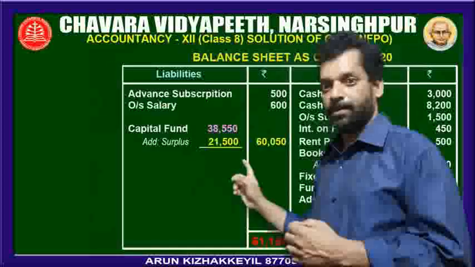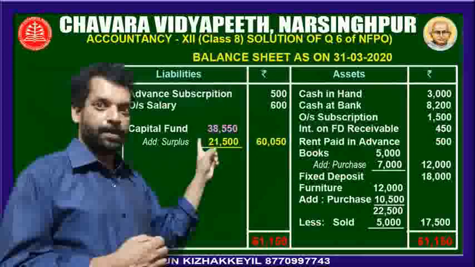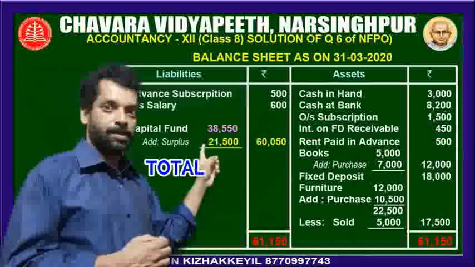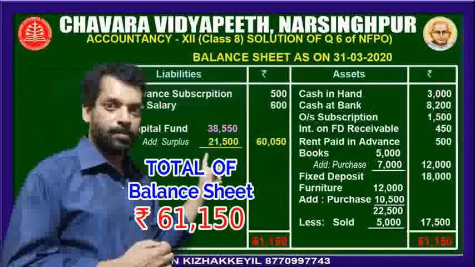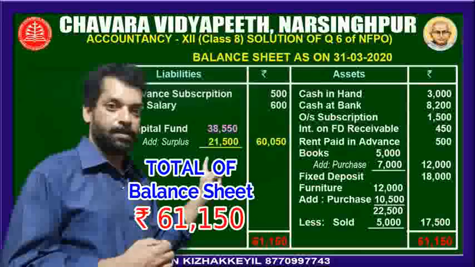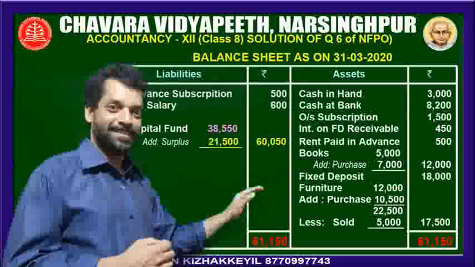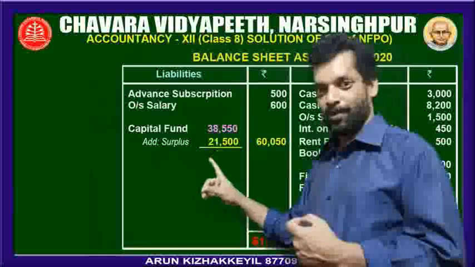When we add these three, 500 plus 600 plus 60,050, the total is 61,150. See, assets are also matching. Clear? You have to try the same question and answers in your copy book also.